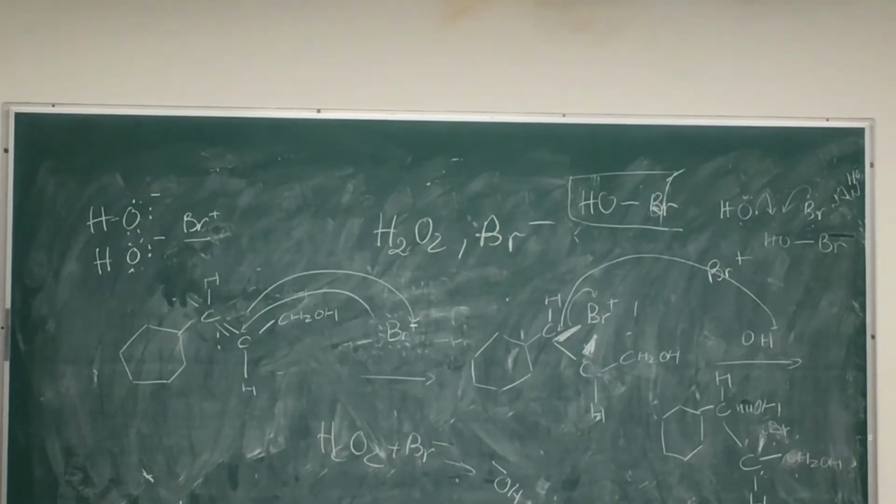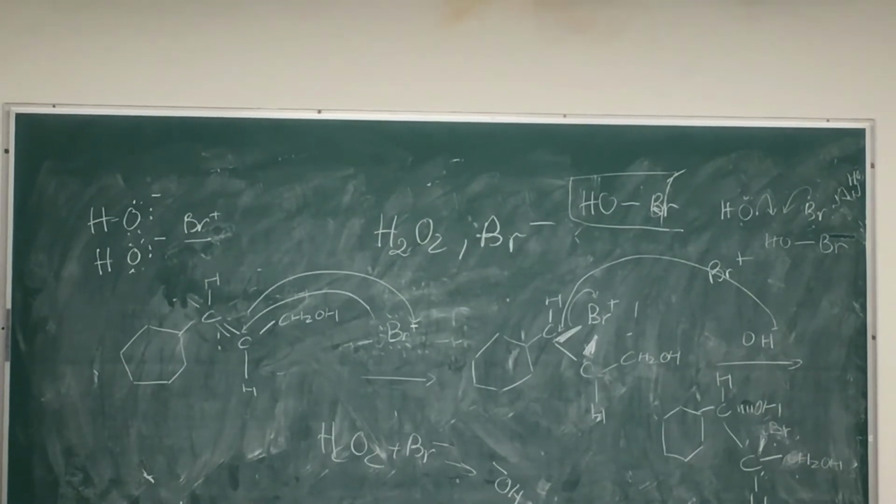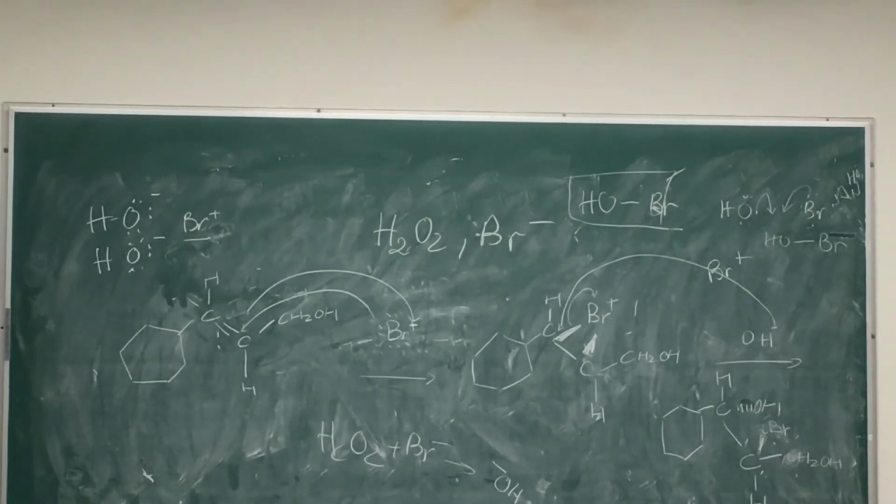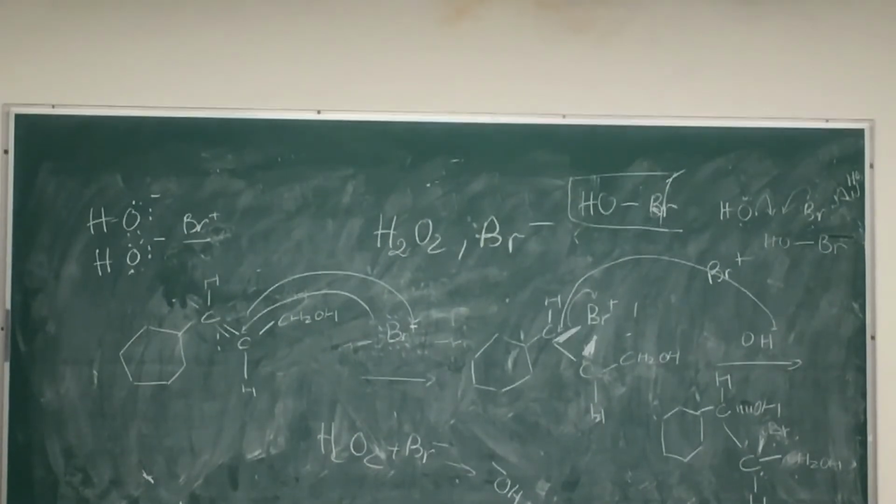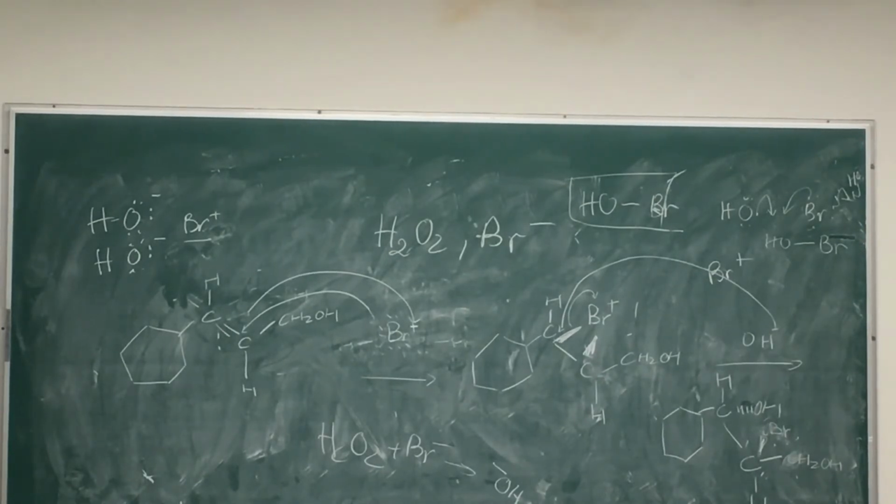Now, right? The nucleophile will attack. That's the next step. So OH is a nucleophile. It will attack the carbocation and break the bond, and then you will have the product. It's so simple, right?